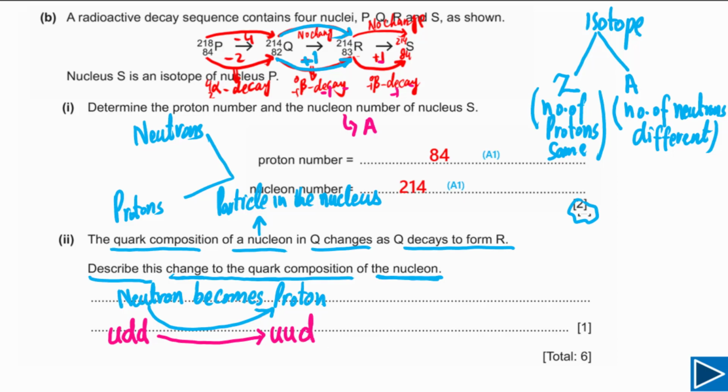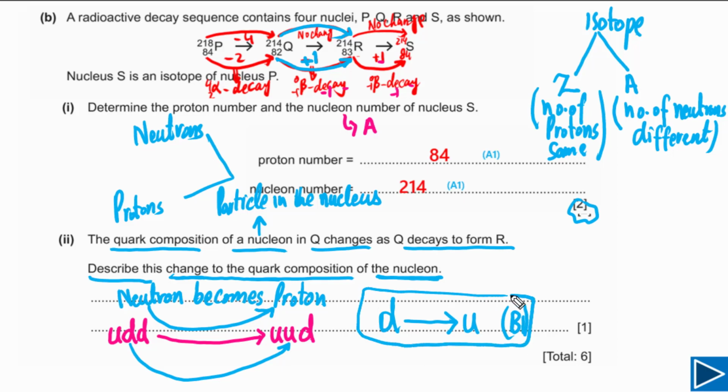So we can say that one down quark changes to one up quark, and that's all you need to write down. If you write down one down quark changes to one up quark, you will get 1 mark, and this is a B mark, meaning it has to be in your answer.